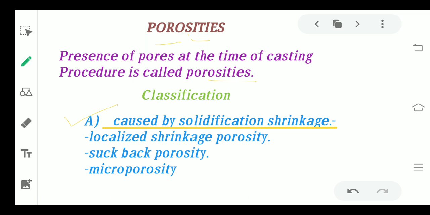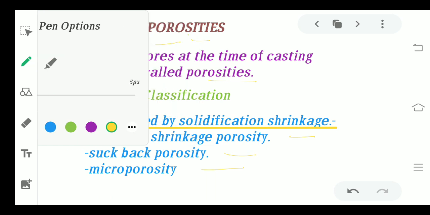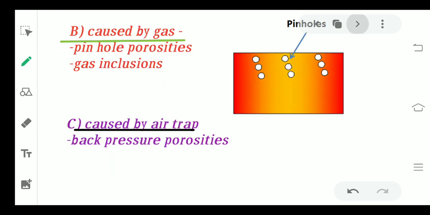The porosities caused by solidification shrinkage are the localized shrinkage, the suck back porosity, and the microporosity. These are the three on the basis of solidification shrinkage. Another one is caused by gas, and these are the pinhole porosities and the gas inclusion. Caused by air trapping, we have the back pressure porosities.